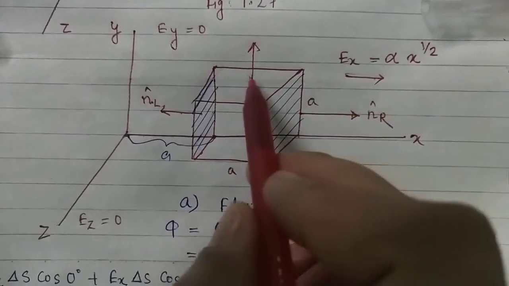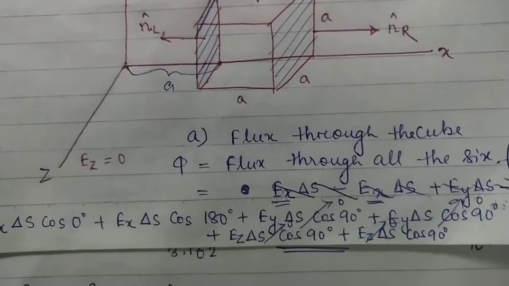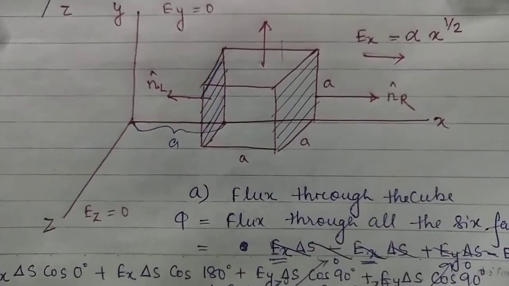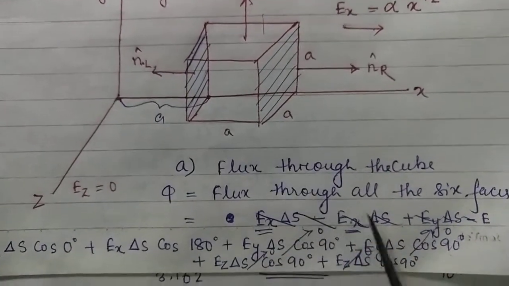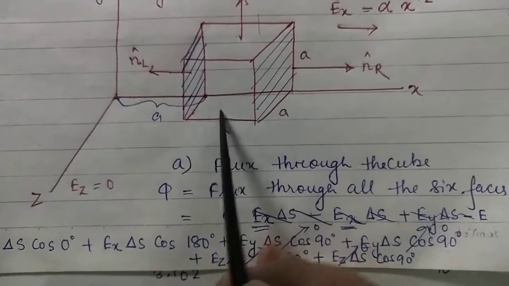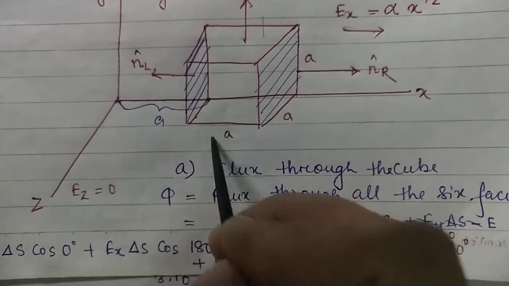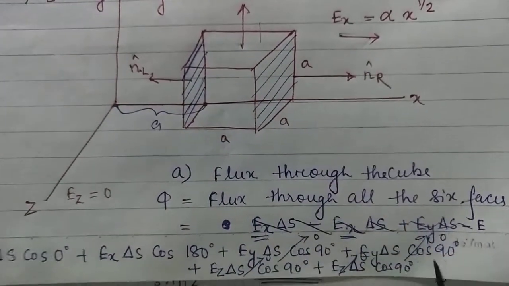This is right direction and this is upward, so angle is 90 degrees. So I have written here cos of 90 degree for this face. Again for this face what I will write? It is the same, Ey, then del S, cos, again outward normal, direction of area vector, and E vector is towards right, so 90 degree I have written.